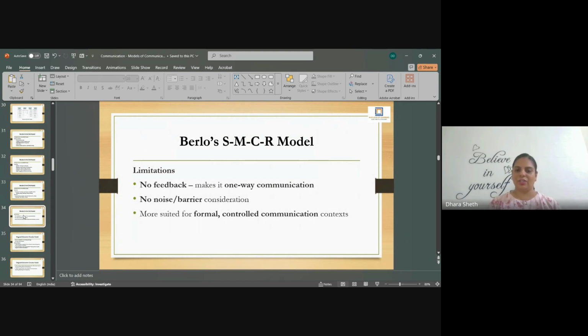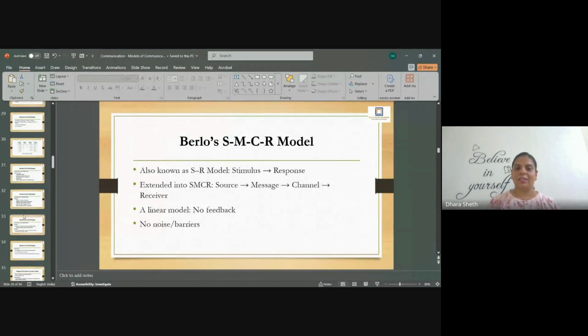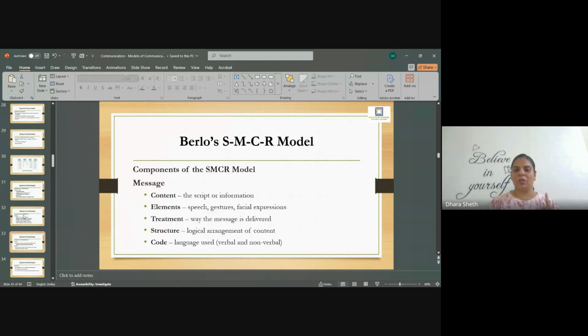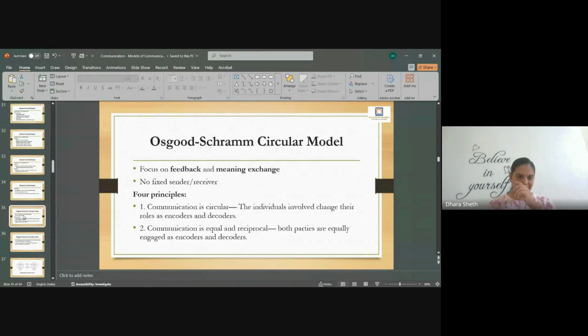It's just a notification. So that is also one-way communication. No noise or barrier consideration is given in Berlo's SMCR model. Noise or barrier consideration is there in the Shannon-Weaver model. In Berlo's, that is not considered.